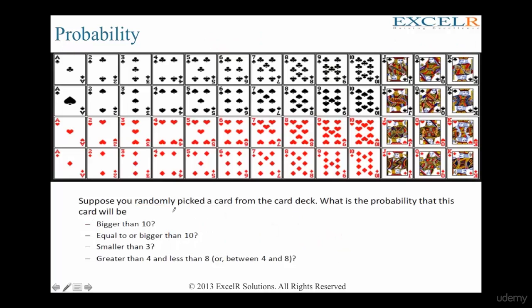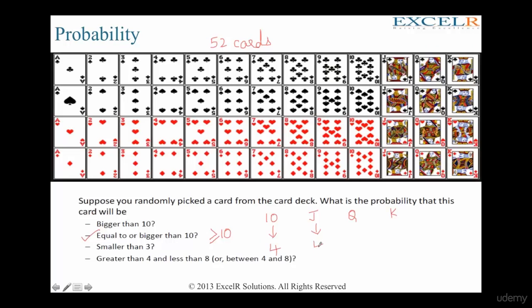If you randomly pick a card from these 52 cards, what is the probability that the card you have picked is equal to or greater than 10? So you need to include 10 also. So you have 10, J, Q, and K. How many 10s do you have? 1, 2, 3, and 4.